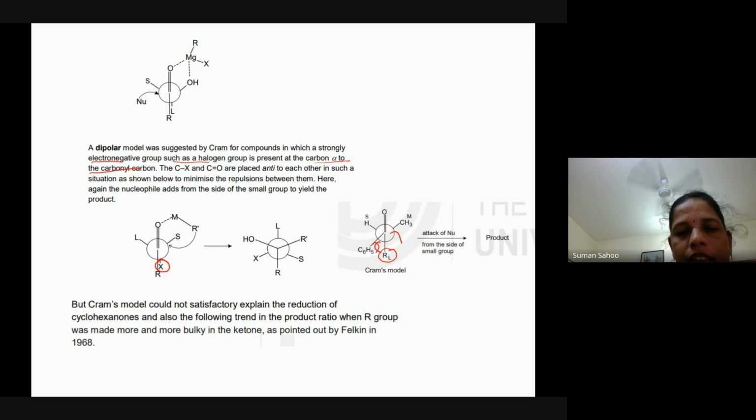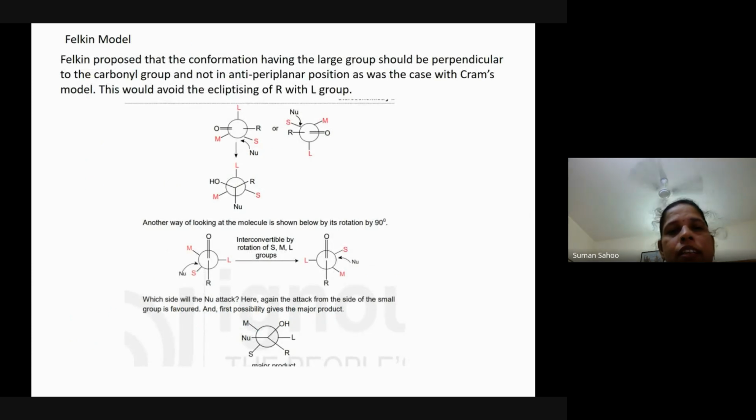So Felkin proposed another rule, or another model. Actually these are all models. What he did was that the larger group and your carbonyl carbon are not present antiperiplanar or in opposite direction, but rather they are present in a perpendicular way. And here also the site of attack would be from that side where you have your smaller groups.